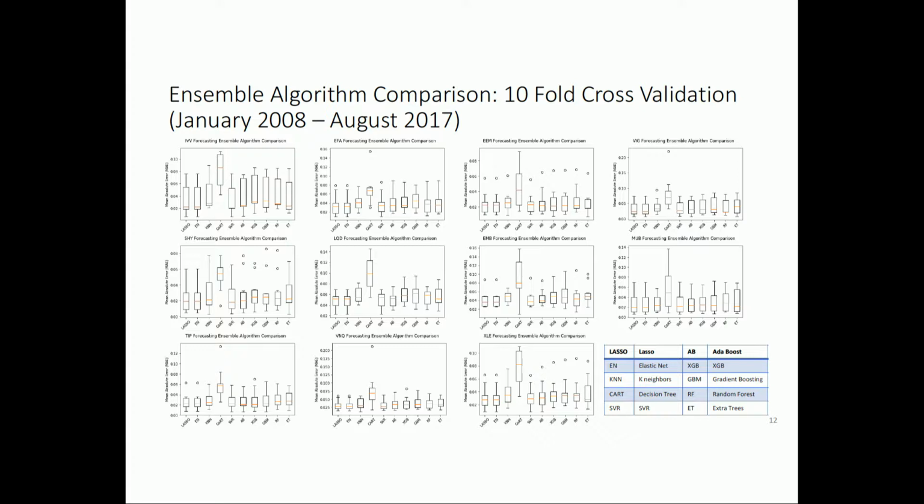I have AdaBoost, XGB, and GBM. These three are boosting methods. I have random forest, that's a bagging method. ET is a tree method. If you look at the box plots of the residuals, you can see most of the models deliver very similar results, except the CART method.